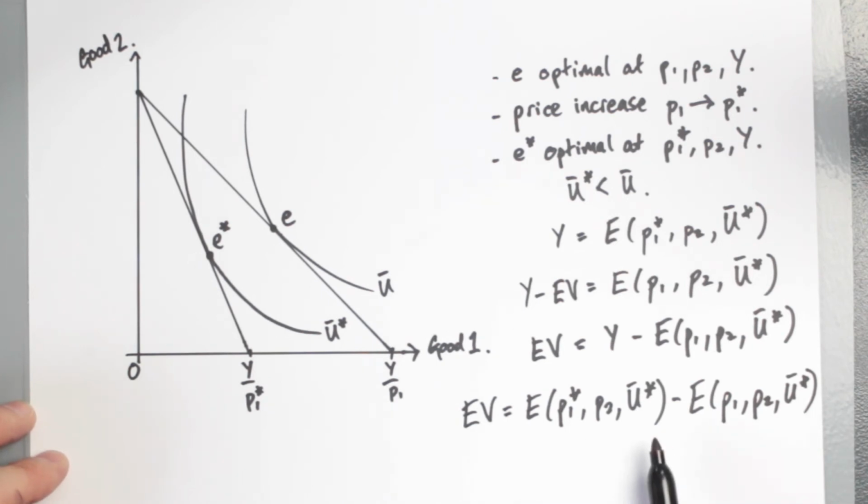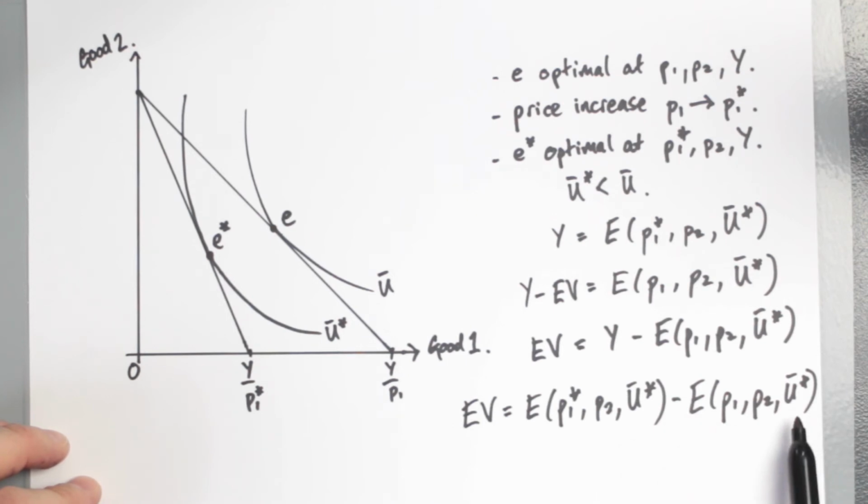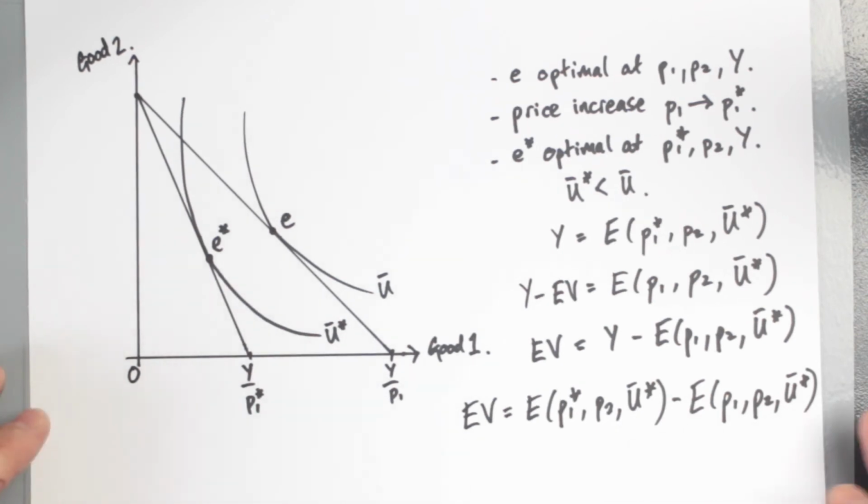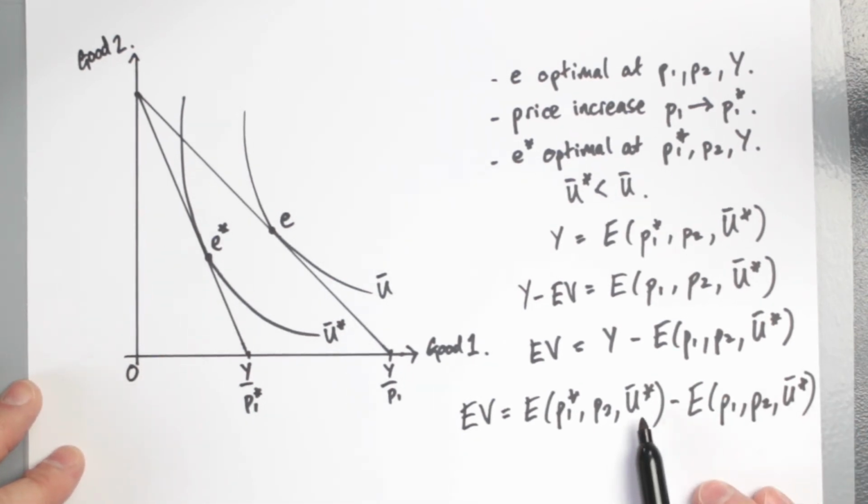Equivalent variation, you could remember, is calculated after utility has changed. So U bar star appears here and U bar star appears here. Okay, so if we just put U bar here and U bar here, we'd get compensating variation. U bar star here and U bar star here gives equivalent variation.